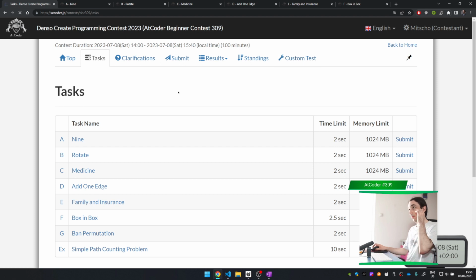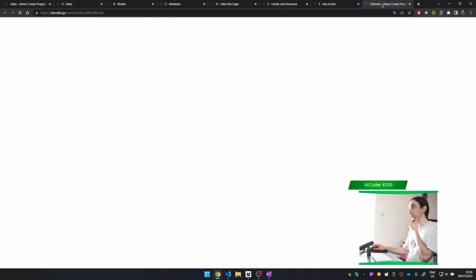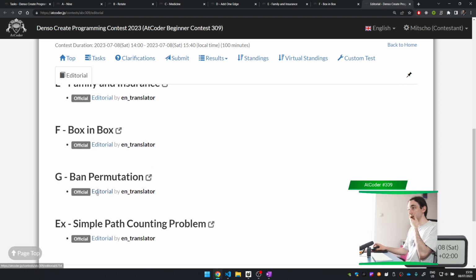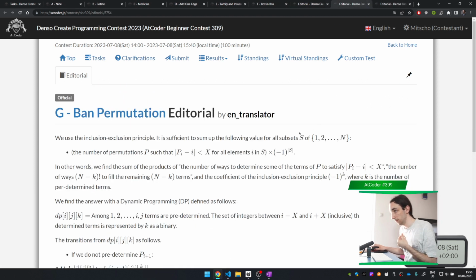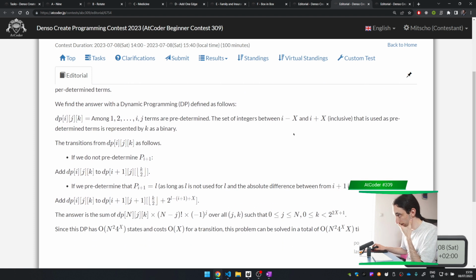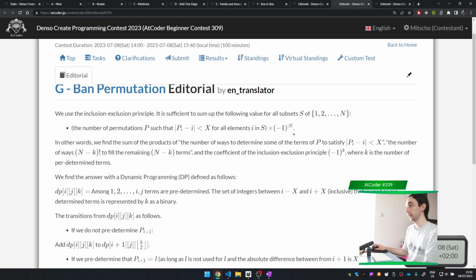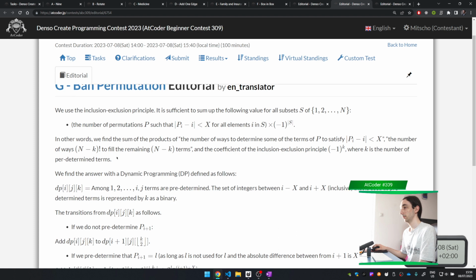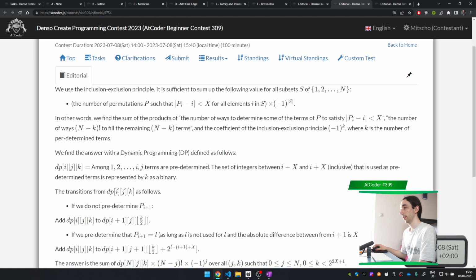So the contest has finished. We want to see the tutorial on G. Okay, so it's dynamic programming. The number of ways to determine some of the terms of the permutation P to satisfy this, where among the I and j terms are predetermined, the set of integers.